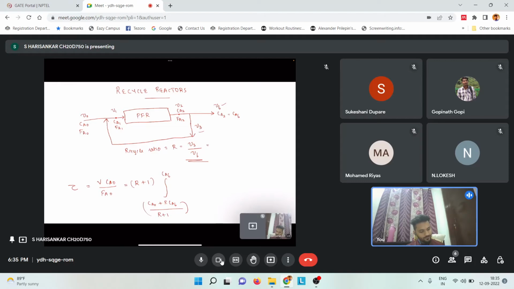So this is nothing but CA1, the concentration here. Okay, so this into integral from CA1 to CAF of minus dCA by minus rA.